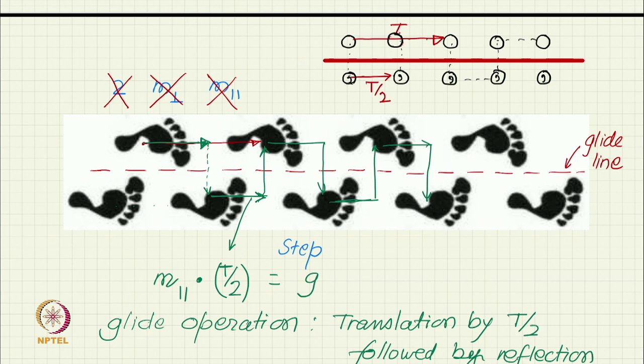Can we combine glide with a perpendicular mirror? Try it in this way only, the way I have shown you. So create a glide. First create some motif which represents the glide.